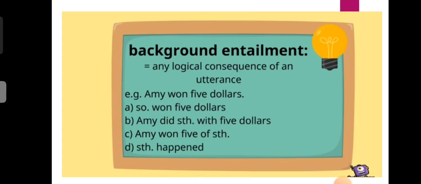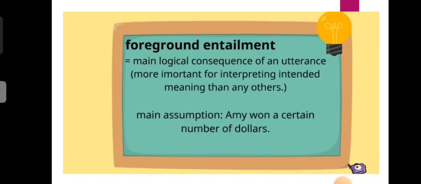So entailment, however, is the main logical consequence of the utterance, or more important for interpreting intended meaning than any others. The main assumption is that Ami won a certain number of dollars.